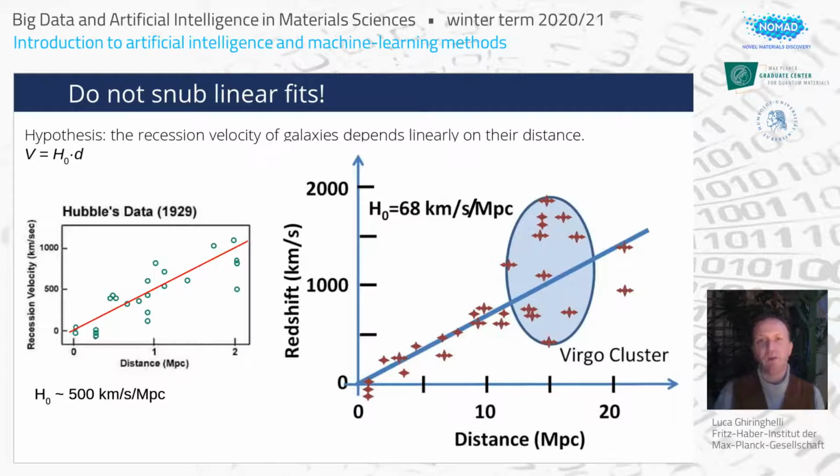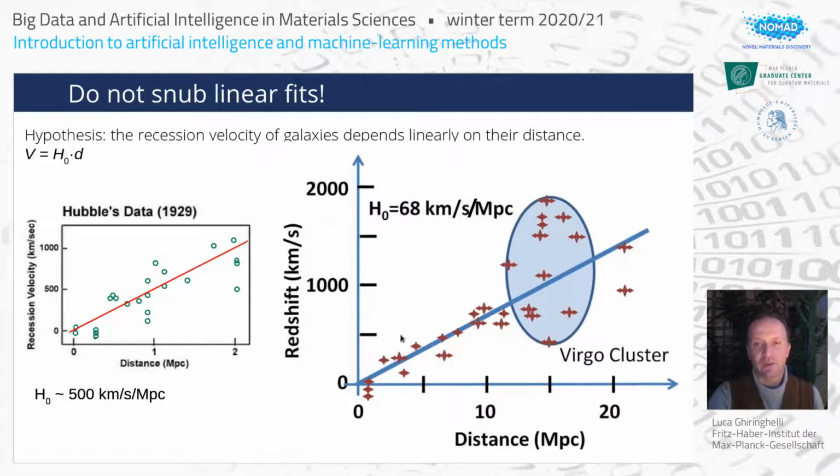If we look at the modern version of the Hubble diagram, essentially we are still doing a linear fit in order to fit the Hubble constant. We completely understand why there is this scatter with the so-called Virgo cluster. I am not going to go into the details here. The point is that we have a model of the universe in which this simple relationship is still valid, at least as a first approximation.